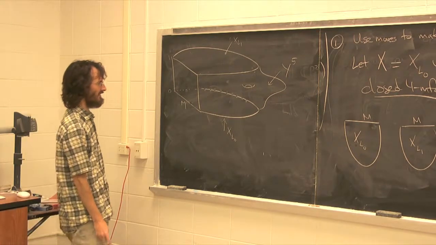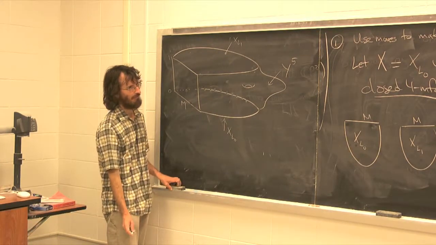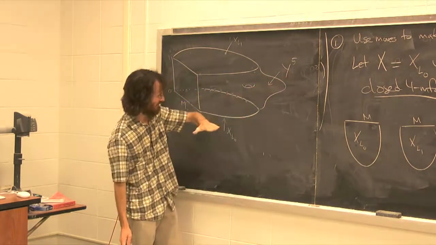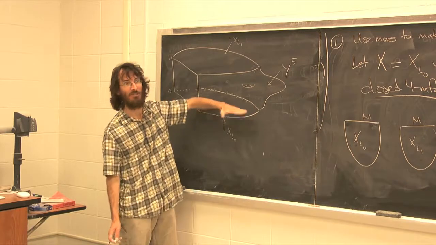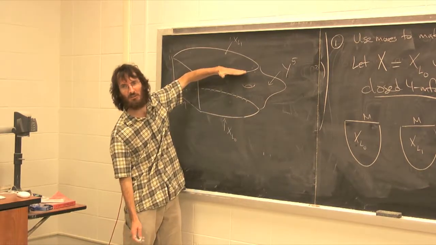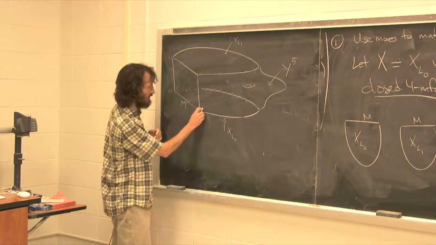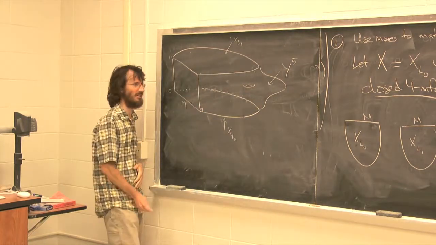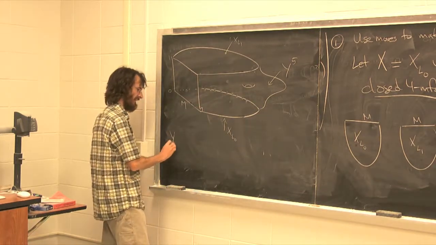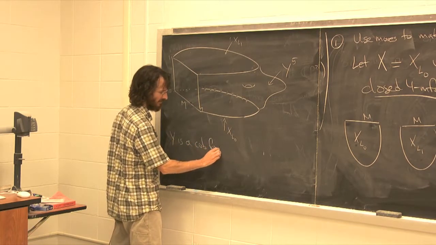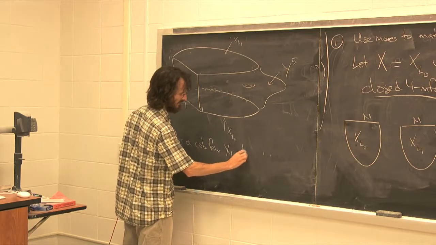What I really want to do is say that I'm thinking of Y5, the 5 manifold Y, as a cobordism from XL0 to XL1. It's one of those kinds of cobordisms we saw, a cobordism with corners, if you haven't before. So Y is a cobordism from XL0 to XL1.